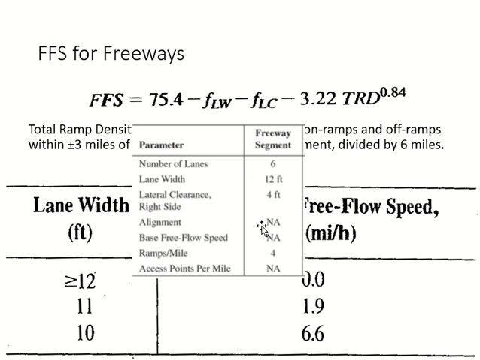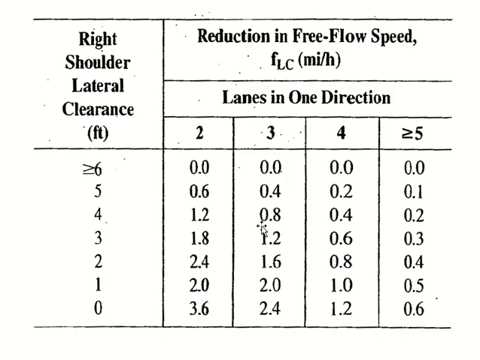Our lane width is 12 feet, so the factor is how much? 0. Okay, FLC is for what? Lateral clearance. It is given as 4 feet on the right hand side, and we only need that. For 4 feet lateral clearance, we have the third row.